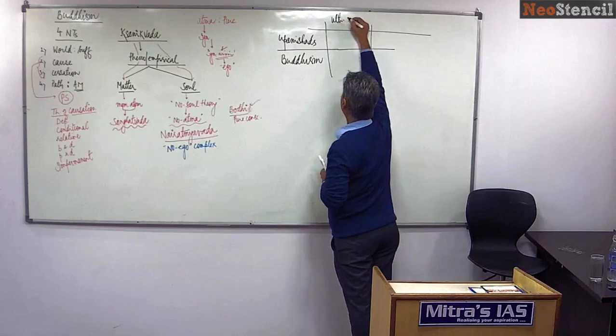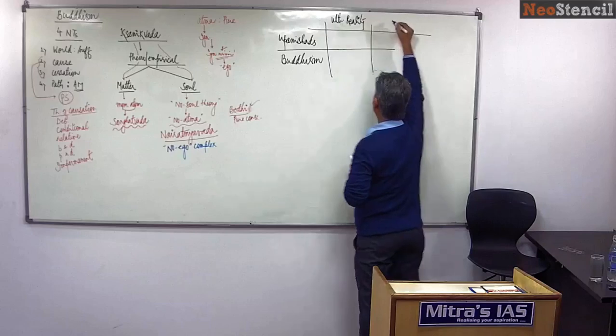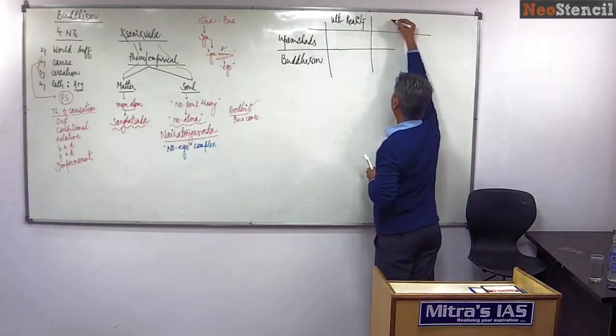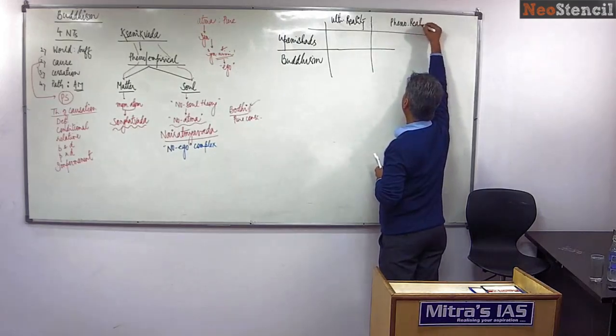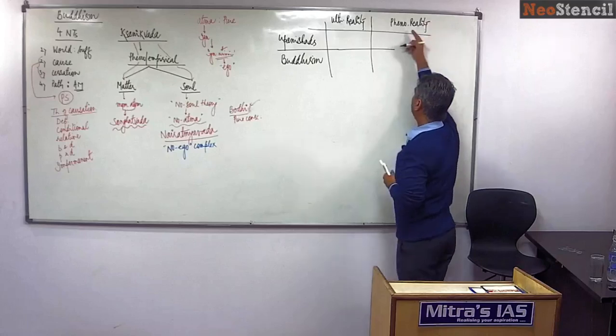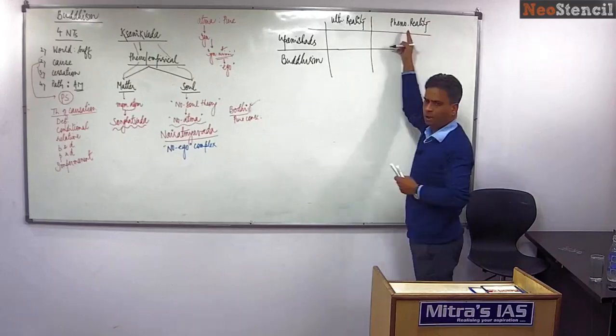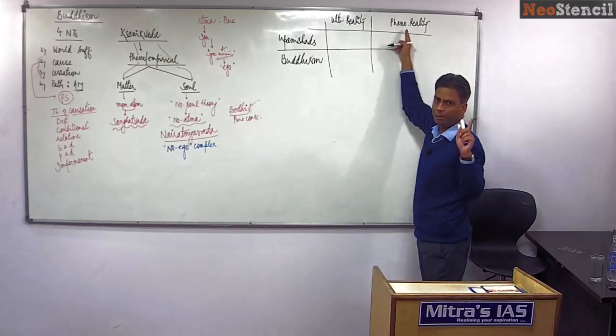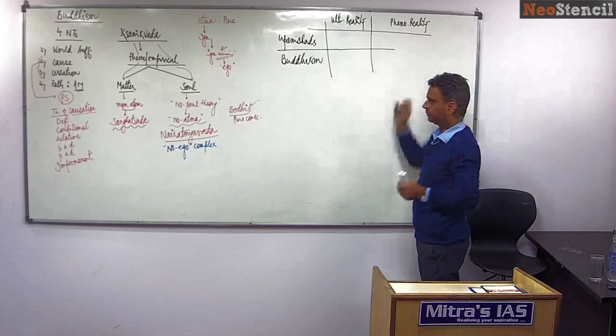Ultimate reality and phenomenal reality. This phenomenal reality will be the product of? It will be the product of ignorance. Right? Okay.